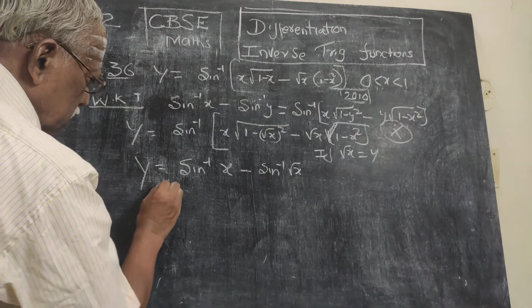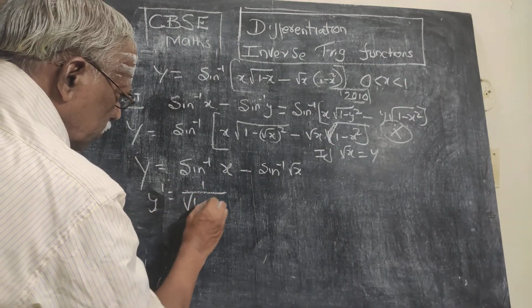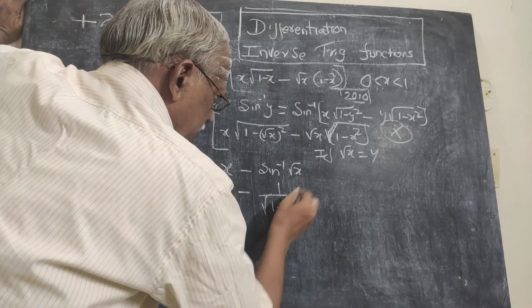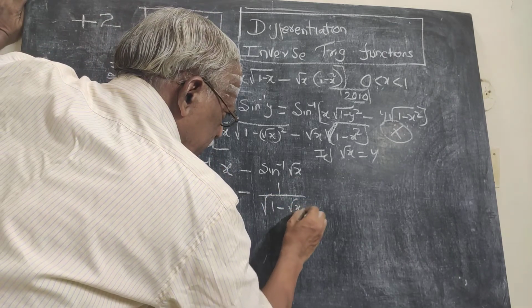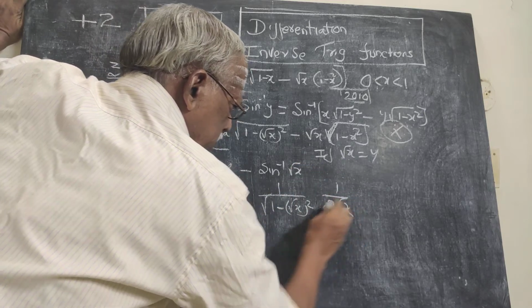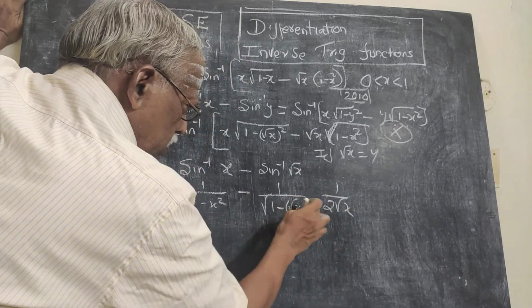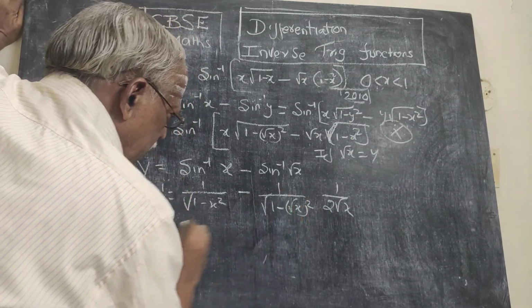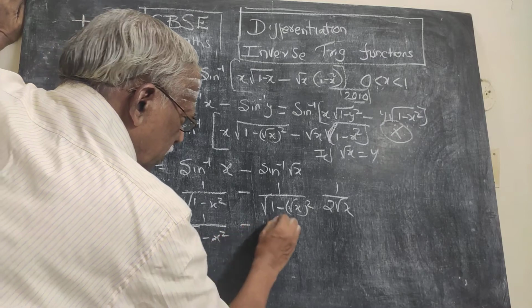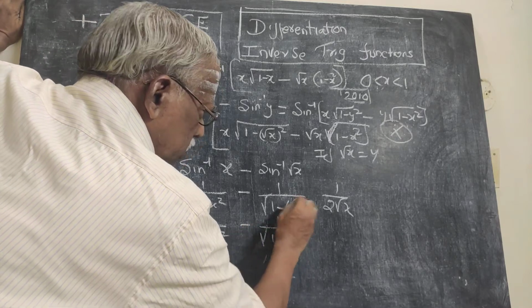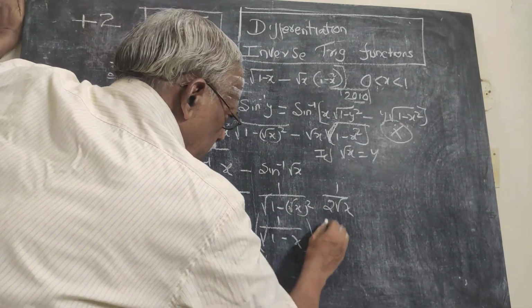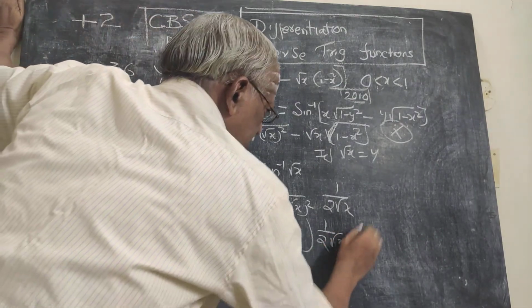Therefore differentiation of this, y equal to 1 by root of 1 minus x square, 1 by root of 1 minus root x the whole square, and that root x will become 1 by 2 times of root x. This is nothing but root, and this will go off. So you will be having 1 by root of 1 minus x square minus 1 by root of 1 minus root x, and this goes, so just x, and 1 by 2 times of root x.